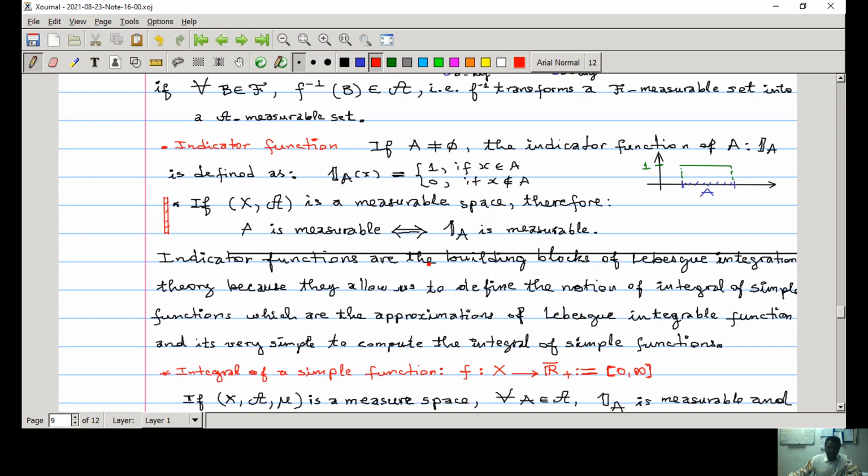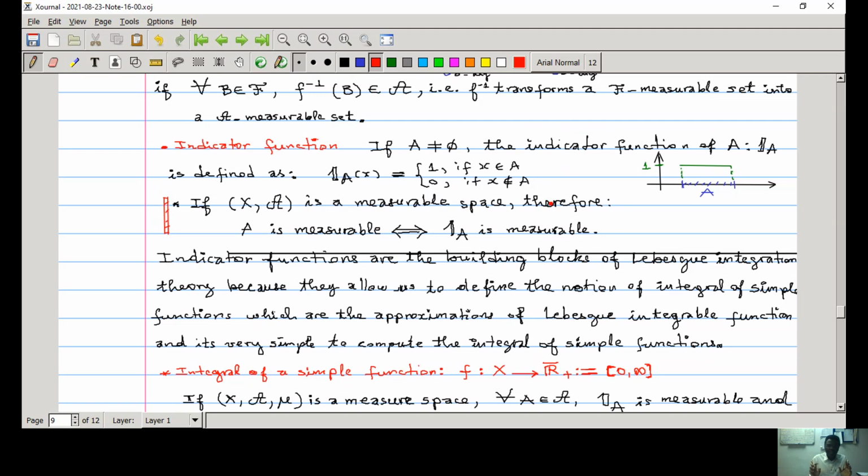So now, from this indicator function, we can define what we call simple functions. A simple function will be what? It's a function that takes a finite number of values, that is a1, a2, a3, up to aN. So a function that takes a finite number of values is called a simple function. But we can express a simple function in terms of indicator functions. You can write it as a linear combination of indicator functions.